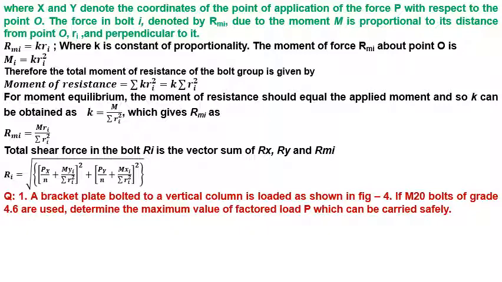The total shear force in the bolt is the vector sum of Rxi, Ryi and RMI. And total shear force Ri is equal to the square root of (Px upon N plus My upon summation of Ri square) whole square plus (Py upon N plus Mx upon summation of Ri square) whole square, which gives the total shear force in the bolt Ri.